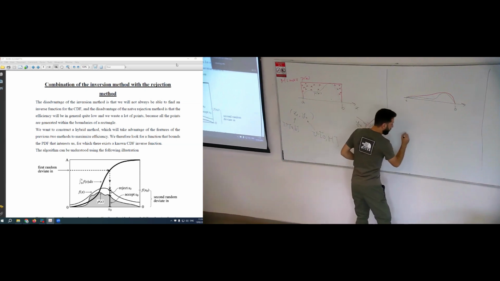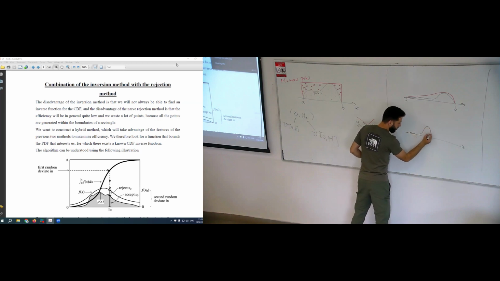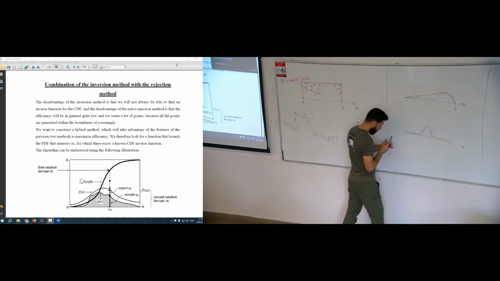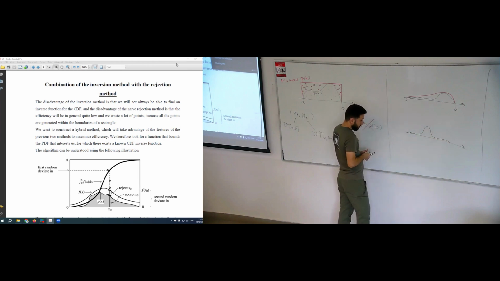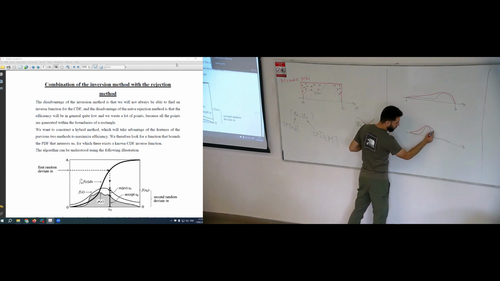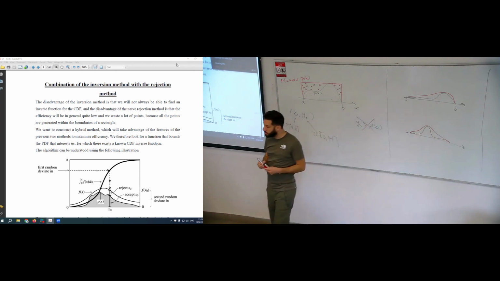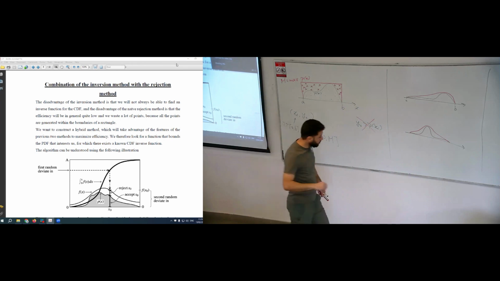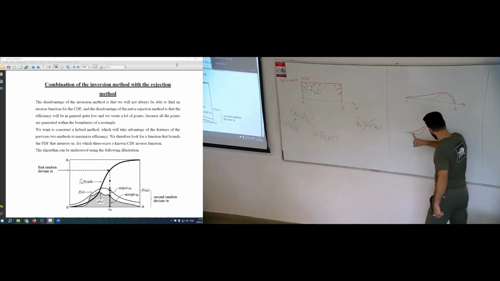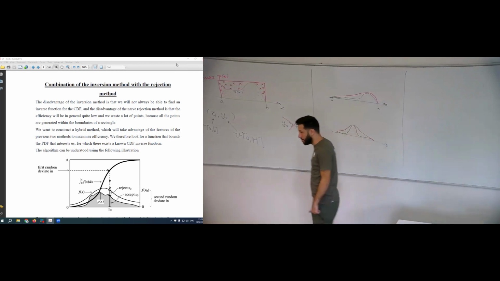Another example, here we have a function that goes like this. And instead of this rectangular, I find a function that I know how to integrate over it. It has to be, at every point, above the function. Okay?